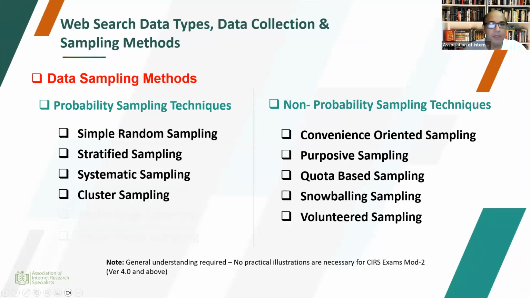The data sampling methods: there are two types of methods. One is called probability sampling, and the other one is non-probability sampling. So what is probability? Probability is a chance of something happening or not happening. It could be the ratio, percentage, or means of figuring out the outcome of something.